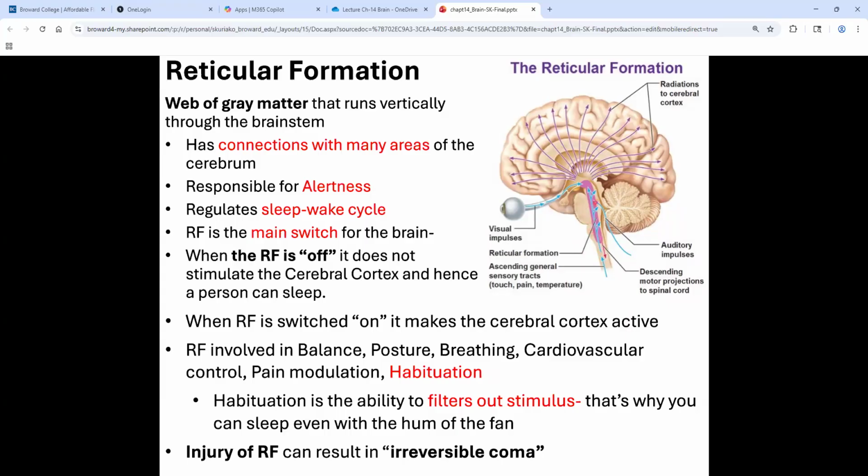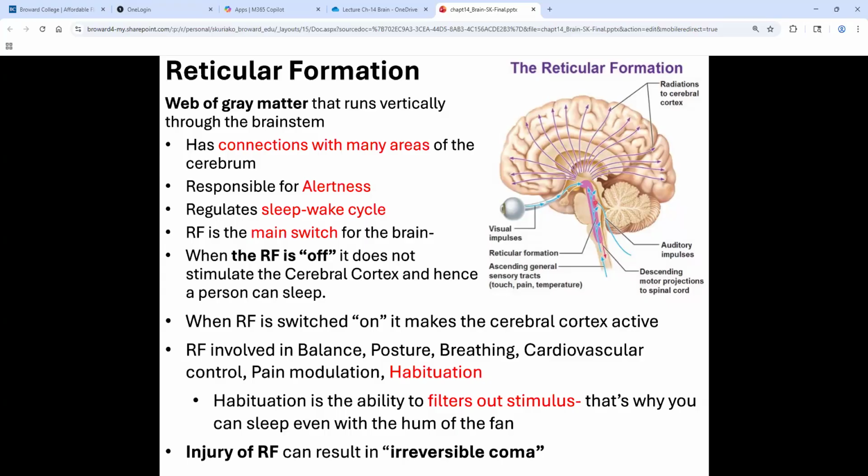Reticular formation is responsible for your alertness. So we all have a sleep-wake cycle, right? What do you call that? Circadian rhythm, right? So at night, everybody falls asleep. You wake up in the morning, right? So you have the sleep-wake cycle.